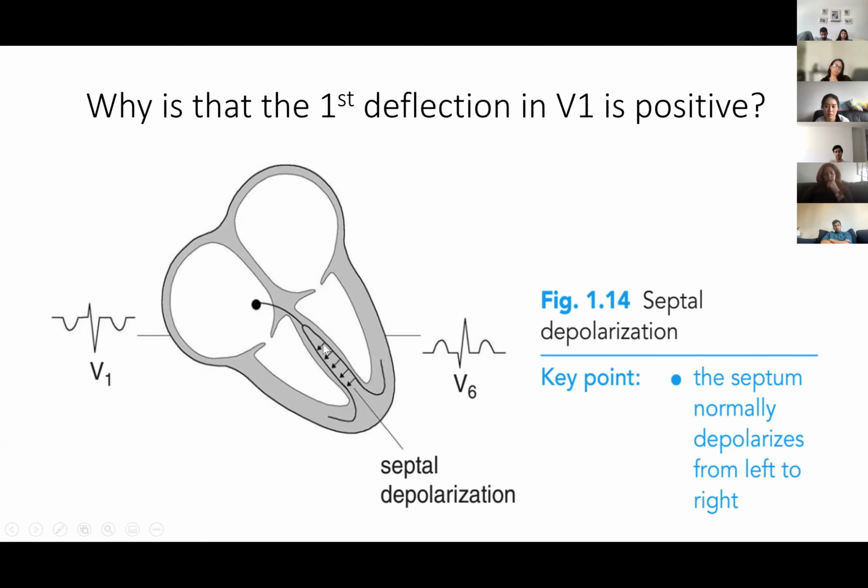So that septal depolarization happens from the left bundle, as you can see here, and it's happening from left to right, and that's the only time in V1 that you will see a positive deflection. Okay, the only time in a normal QRS axis. You will see it in pathologies like right bundle branch block and others. Okay, but remember that that initial depolarization of the septum is from left to right, and it's recorded in V1 as a small positive deflection.